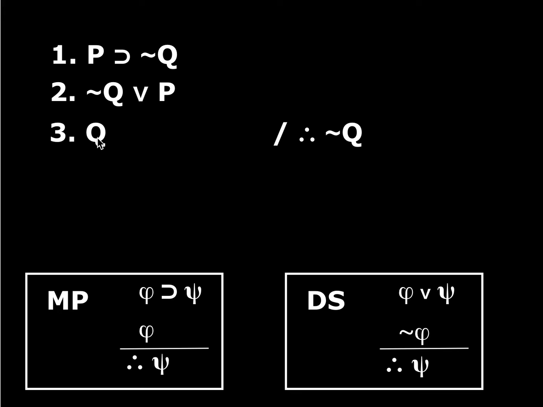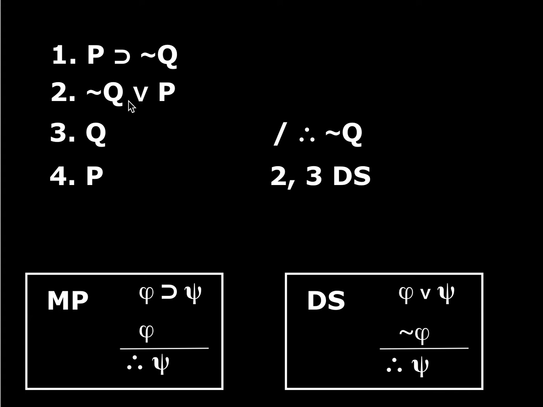That's not Q and this is Q. So we have the two things that disjunctive syllogism says we need. What does disjunctive syllogism say we get to produce if we have those things? It says we can produce the other disjunct. If we have the negation of one of the disjuncts, then we get to write the other one on a line by itself. So here's my disjunction. I have the negation of the first disjunct, so I can write the second one on a line by itself. And my justification was that I used the rule of disjunctive syllogism on 2 and 3, because 2 and 3 are where these two things are.